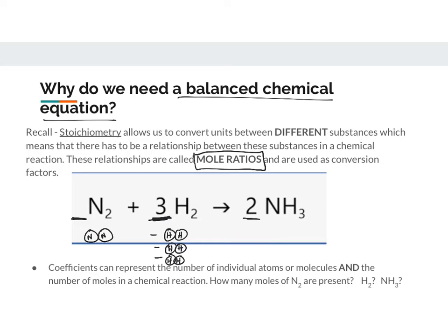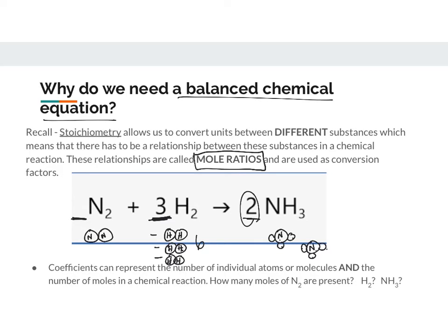So with a particle model, there's my N, and then I'm going to have 3 H's on it. And then I have 2 of these, so I would draw another one. And with balancing, we kind of said, okay, if we count up all of our atoms, it looks like I have 6 hydrogens over here, 1, 2, 3, 4, 5, 6, and I have 1, 2, 3, 4, 5, 6 over here.